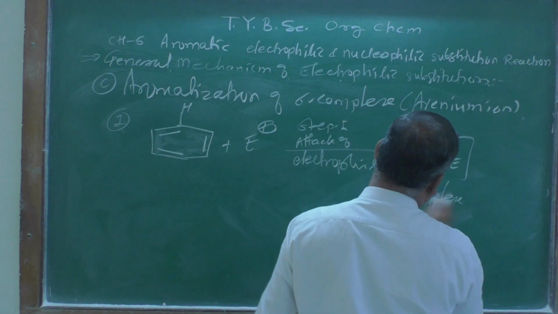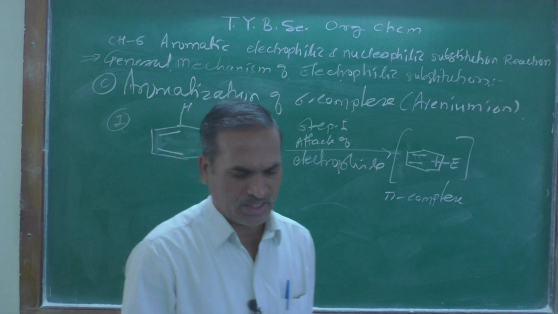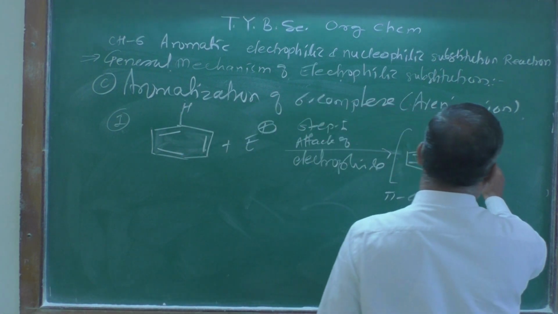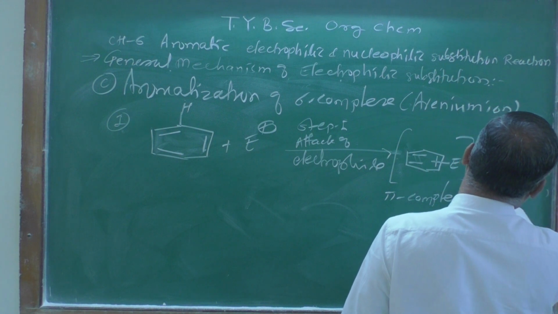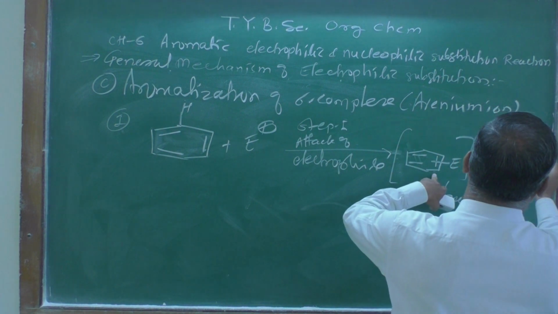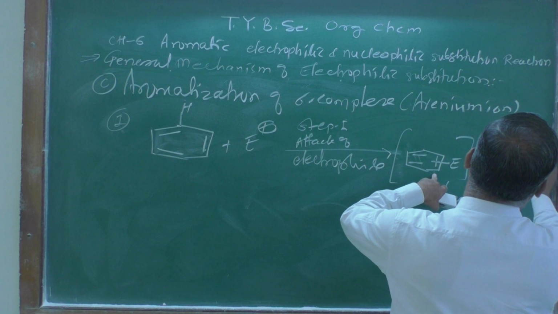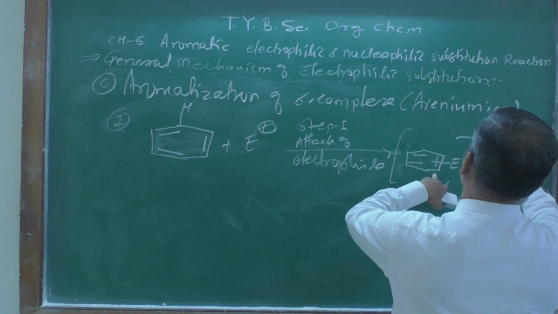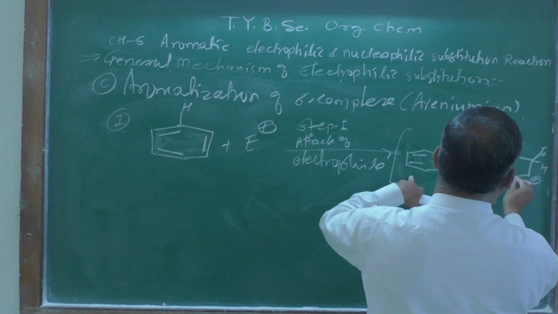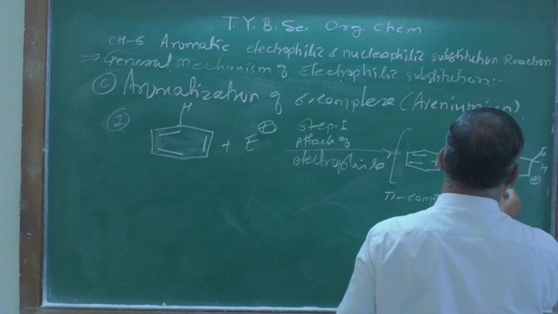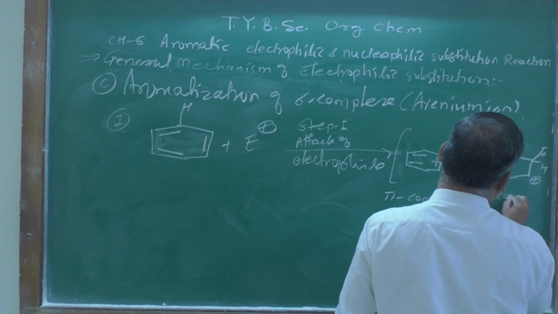That pi complex is further converted into this one. The electrophile attacks, here H, and a positive charge, with this double bond and this double bond. This is nothing but the sigma complex.